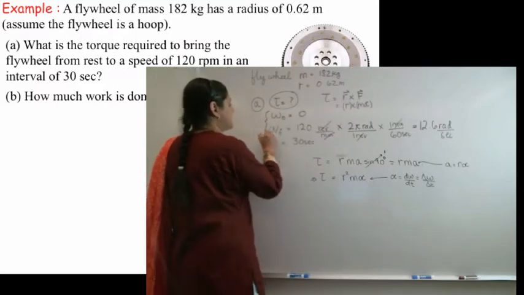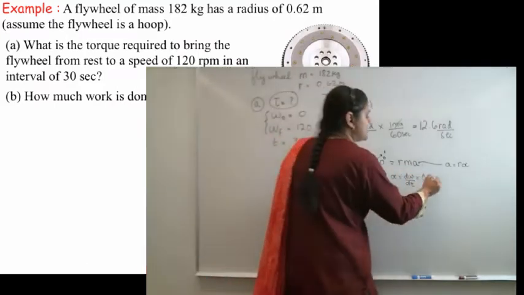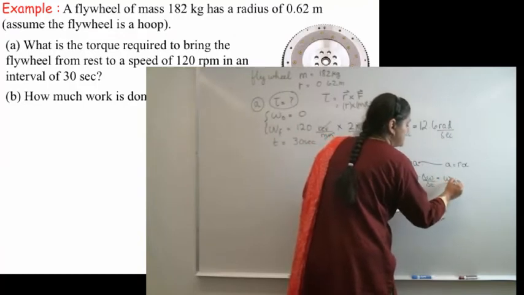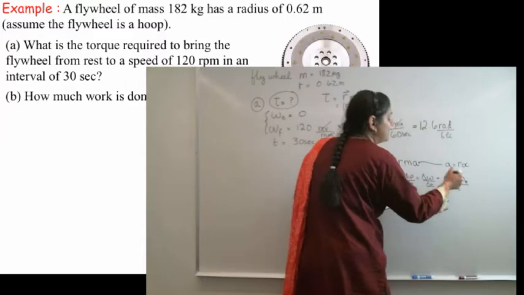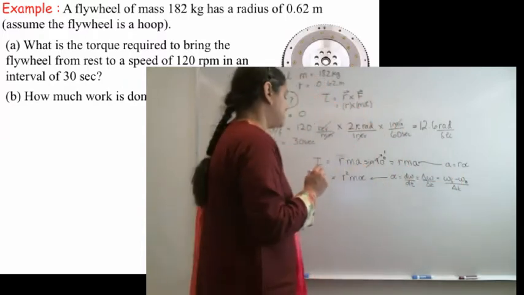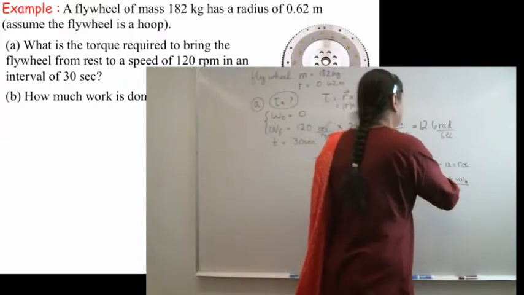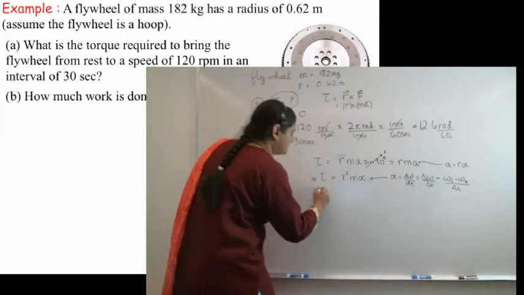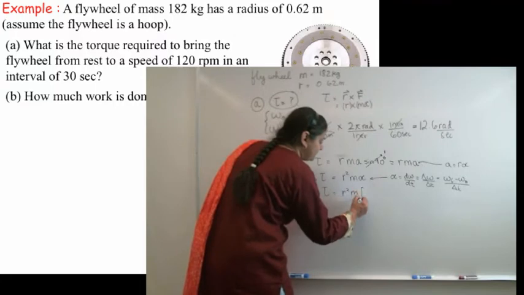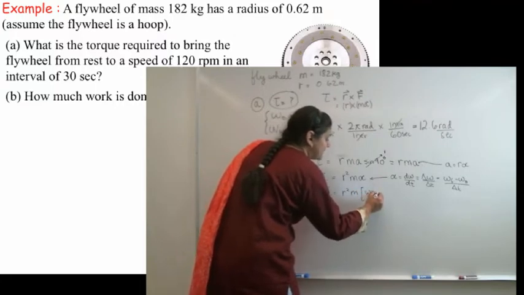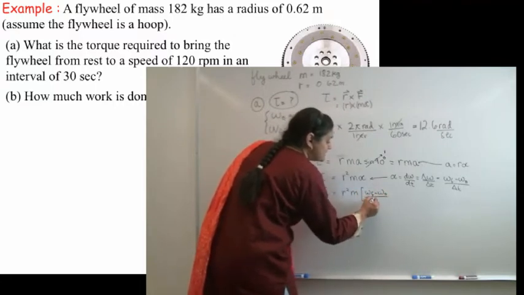So this change is going to be omega final minus omega initial divided by delta t. Do I have values for these? Absolutely. So I'm going to plug these values in here, and my final torque is going to become R squared M, omega f minus omega naught, divided by delta t.